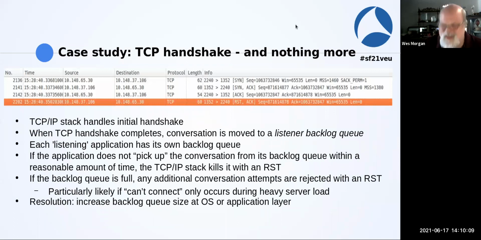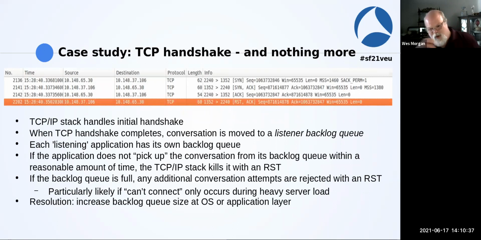I remember when I first saw this case study, and this was the first time that I had to go this deep into the operating system side of TCP/IP networking. The issue displays as the TCP/IP stack completes the handshake, and then all of a sudden you see a reset.